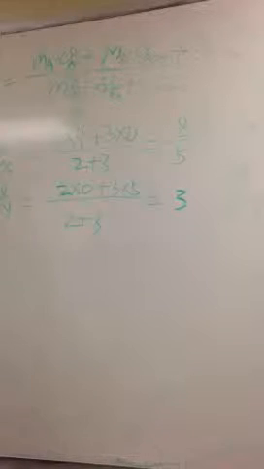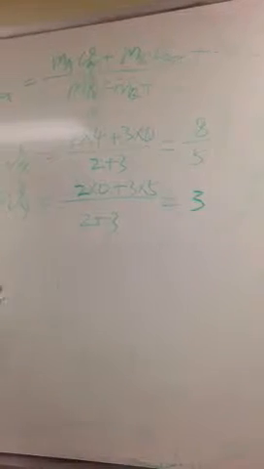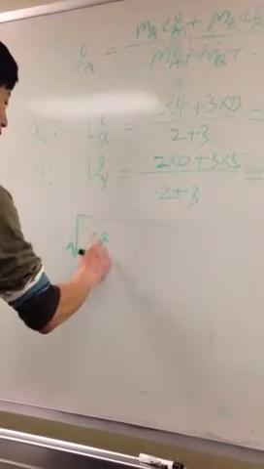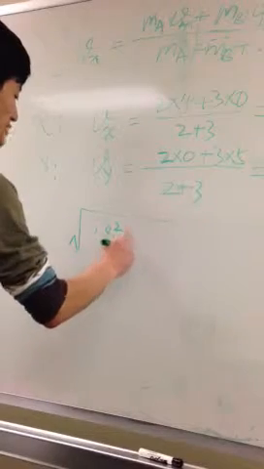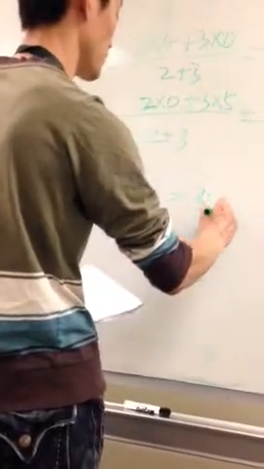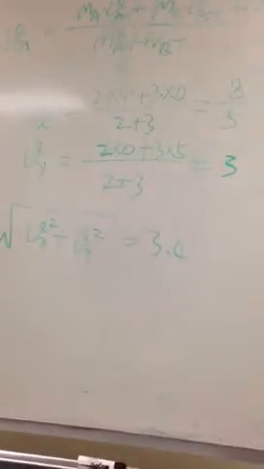And then the question is, what's the speed of the center of mass? It will be the square root of Vx squared plus Vy squared. Okay. And if you calculate it, it will be 3.4 meters per second. Okay.